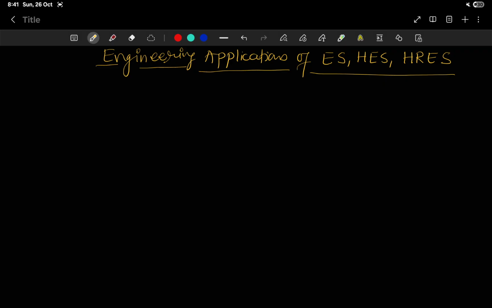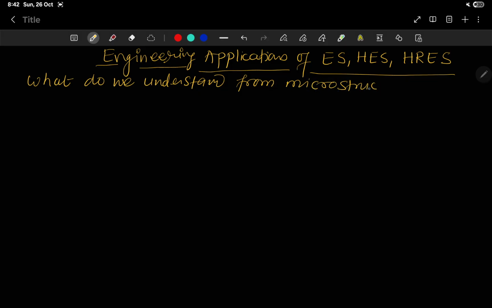Now, one basic question comes to our mind. We have drawn a colorful diagram of these different phases, or the colorful diagram of the microstructures. So what do we understand from the microstructure?